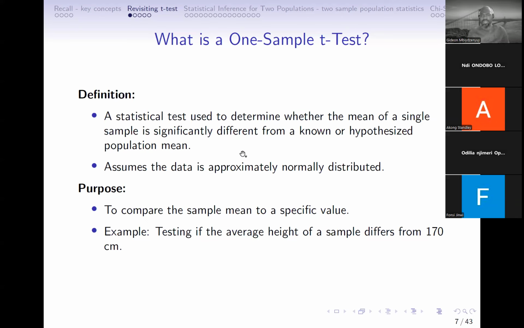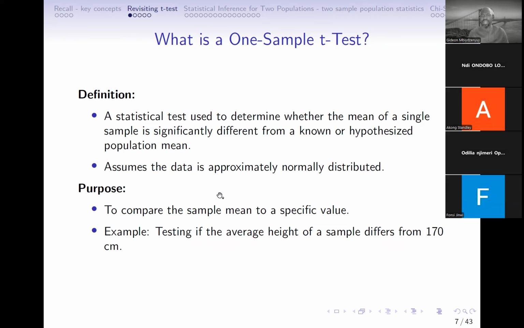An example of this could be that we want to look at the average height of a sample, testing if the average height of a sample differs from, say, 170 centimeters.